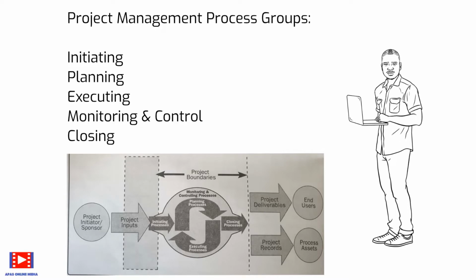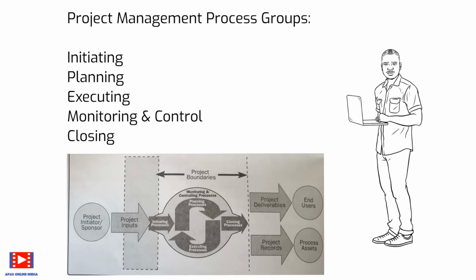And number 5, closing. The below given diagram shows you a logical flow of all the process groups, starting from the project initiator or the sponsor who gives the project inputs. The project manager starts the initiating process, then it gets followed by the planning process, which in turn gets followed by the executing process.